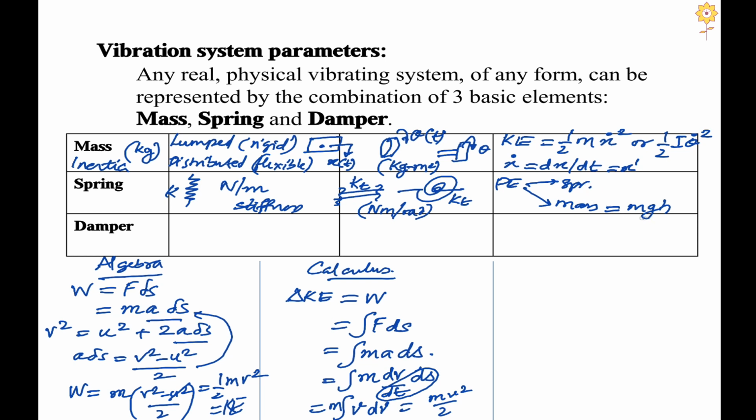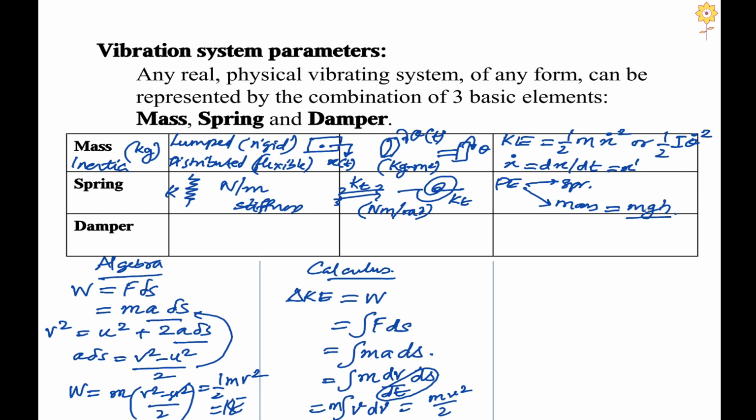So this equation of potential energy for mass, that is mgh, may not always be present even though there is a mass. We will see while solving the numericals. So we have to look at the configuration of the system.